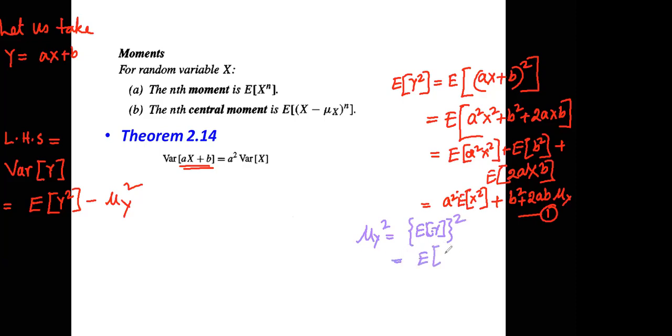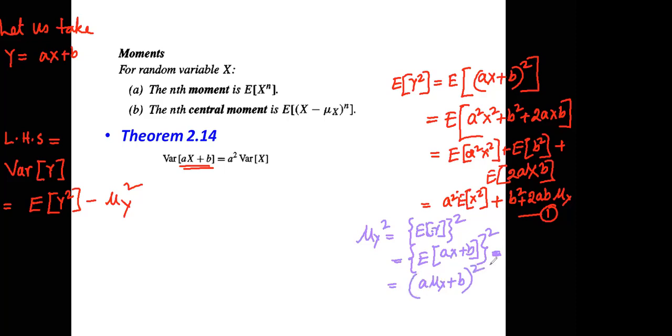Expected value of ax plus b, whole square, which we can write as a times the expected value of x, that is a mu x, plus the expected value of b, which is b, whole square.